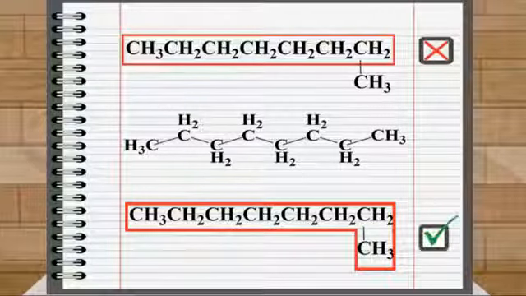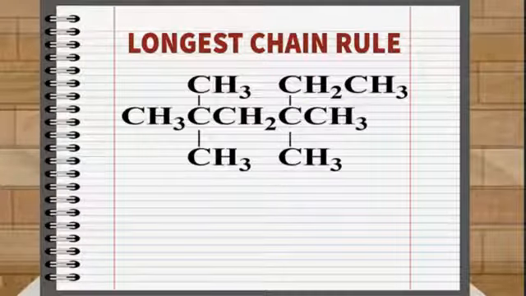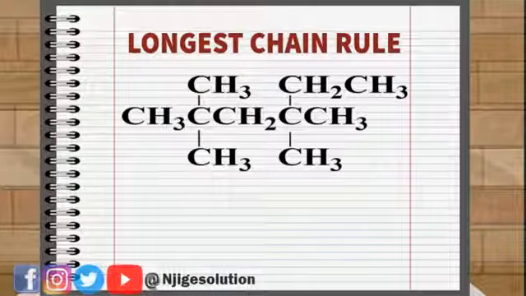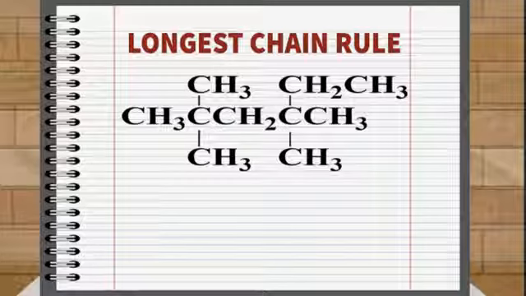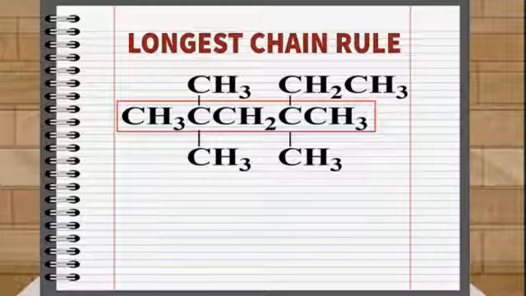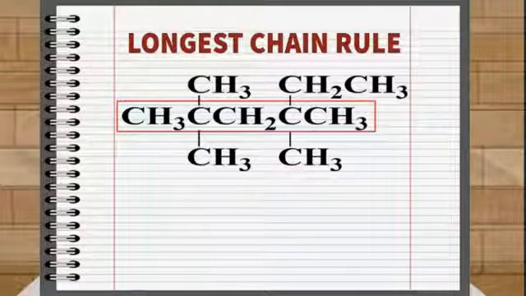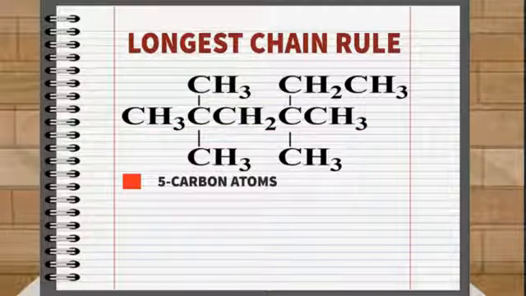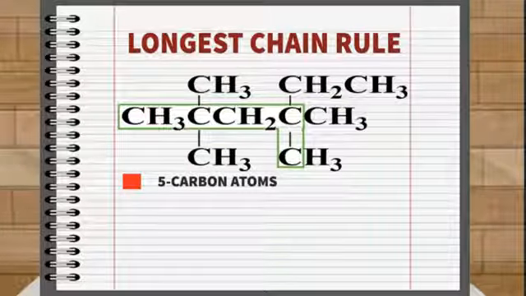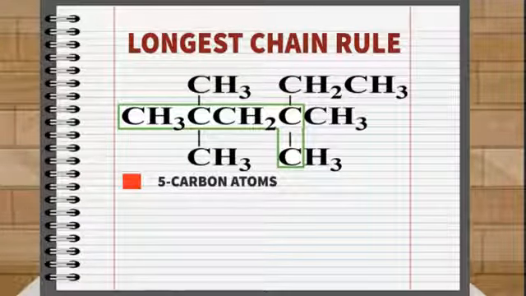Let us finish our lesson by looking at this example here. The molecule has a total of 10 carbon atoms, and our task here is to select the correct longest chain from this molecule. Let's start with the first chain. The first chain here is made up of 5 carbon atoms continuously attached by sigma bonds. When we try to draw another possible chain, you may find that the chain is also made up of 5 carbon atoms continuously attached by single bonds.